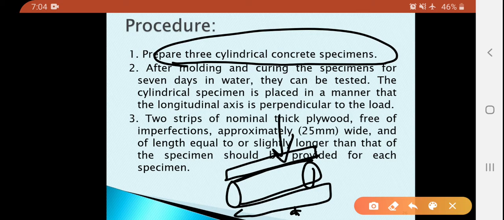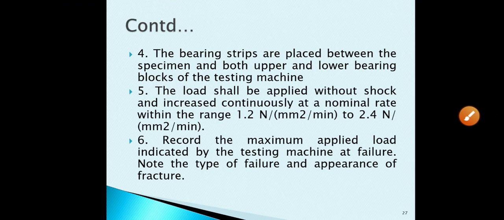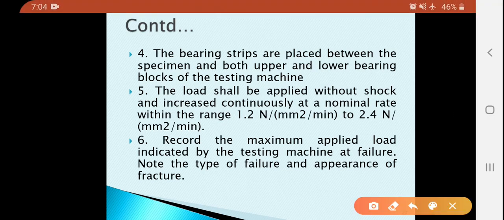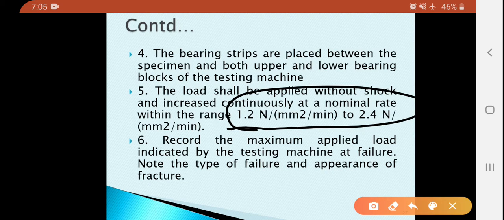The thickness of the plywood will be minimum 25 mm, or nothing but 1 inch. The load shall be applied and increased continuously in the range of 1.2 Newton per millimeter square per minute up to 2.4 Newton per millimeter square per minute.